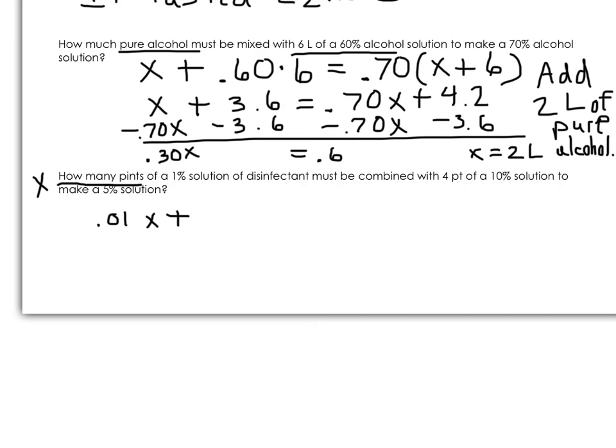How much pure disinfectant will we have with 4 pints of a 10% solution? We need to know what 10% of 4 pints is.